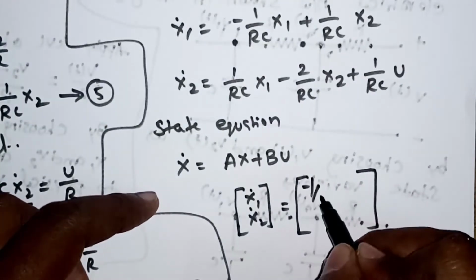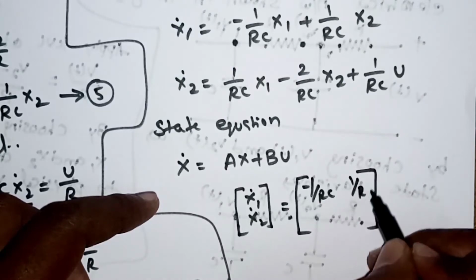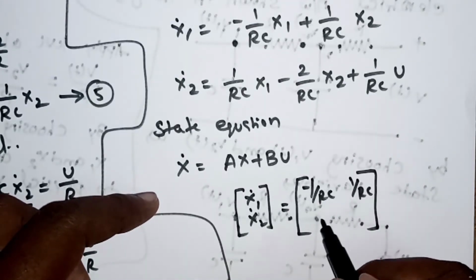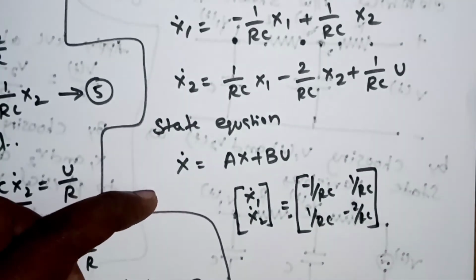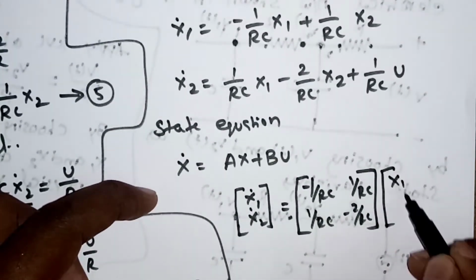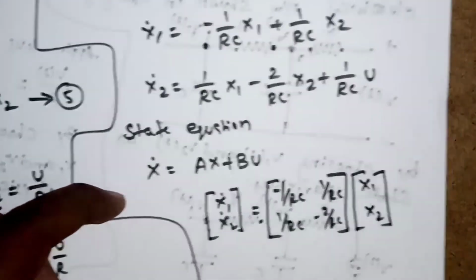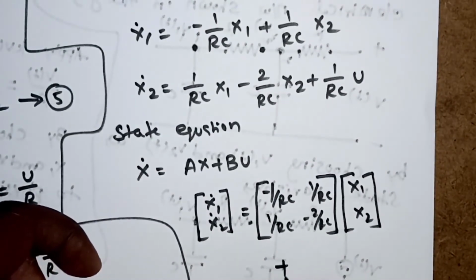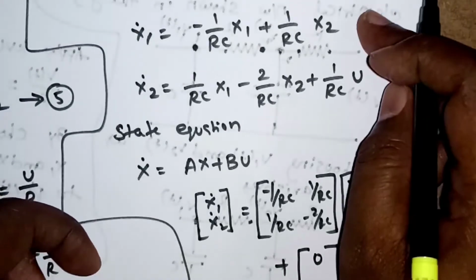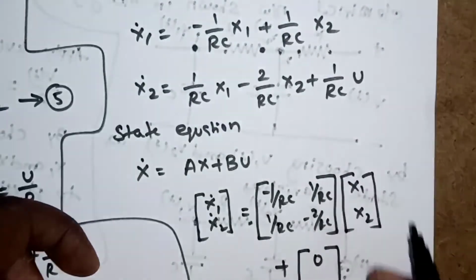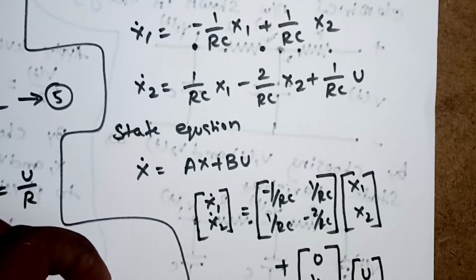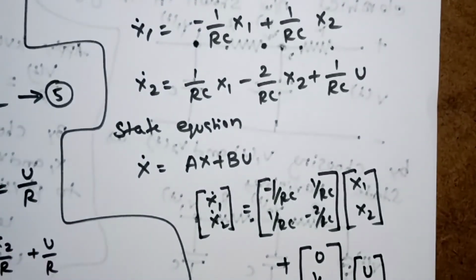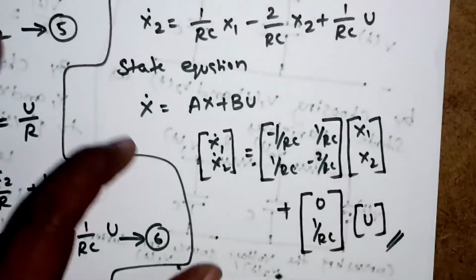Minus 1 by RC, 1 by RC, next 1 by RC, minus 2 by RC. The state variables are x1, x2, because we are taking two state variables, plus what is the B matrix? 0, because here we don't have any u term, and here we have 1 by RC into u. So this is the state equation.